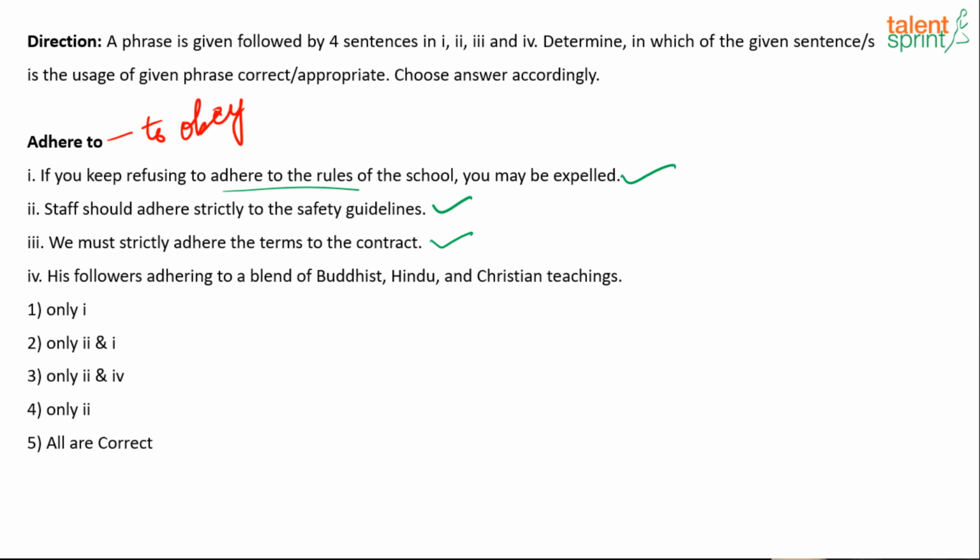Is that fine? It says we must strictly adhere the terms to the contract. The terms to the contract is, again, not grammatically correct the way it is used. So 3 is definitely not the right answer.